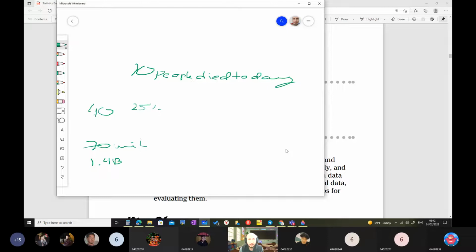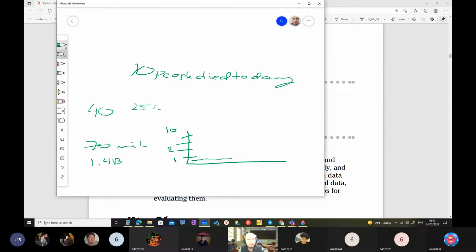So statistics can tell us the percent of the population that is sick. So maybe this is 1%, 2%, and this is 10%. And then we can compare with other things.